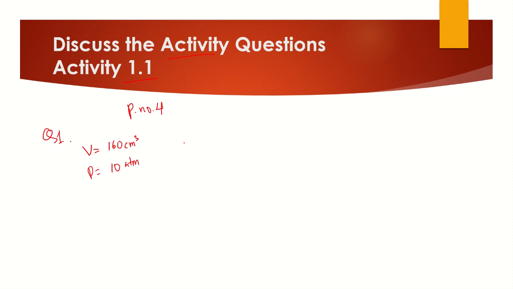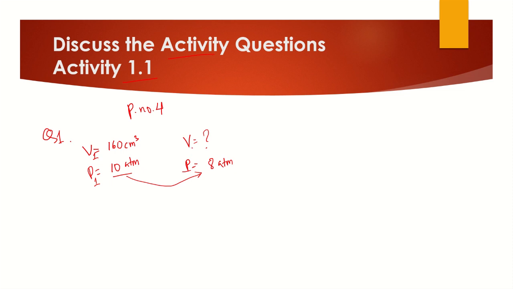So the question is asking you to calculate volume. What volume will it occupy if the pressure is decreased to 8 atm at a constant temperature? So the question gives us the hint that the initial volume was 160, initial pressure was 10 atm, and then it asks us to calculate the volume if the pressure decreases from 10 atm to 8 atm.